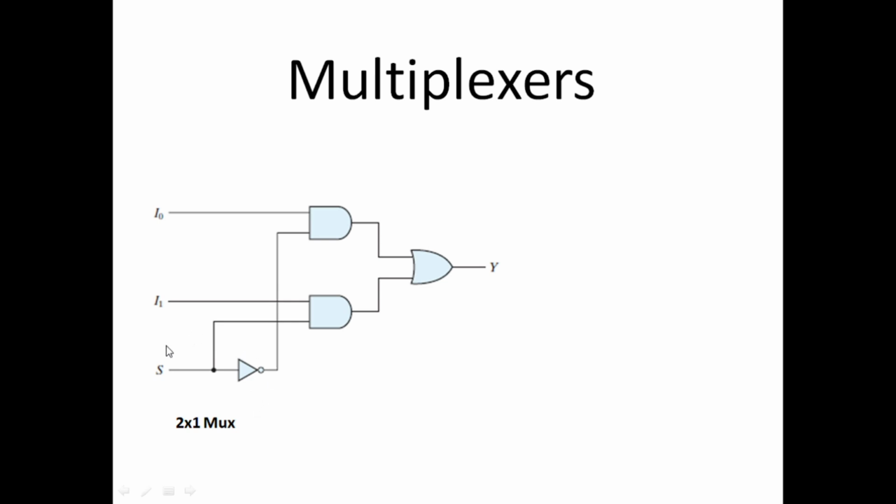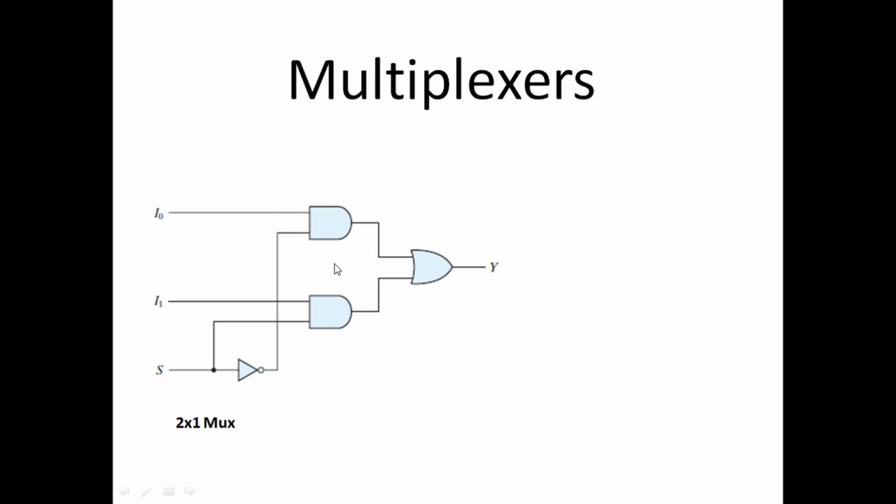This select line S, which is a single bit, can control which of these two inputs, I0 and I1, is directed to output Y.